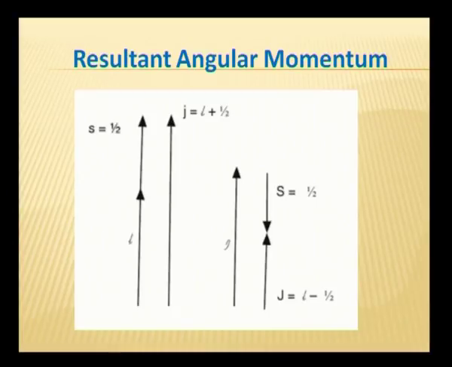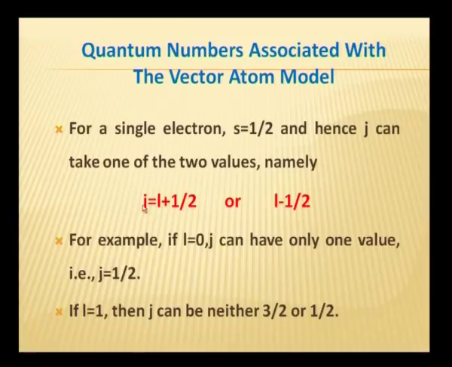Partly it comes from the orbital motion, the other is the spin momentum. For an electron, S is equal to half, hence J can take two values, L plus half or L minus half.